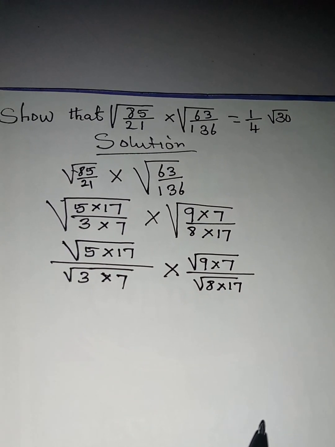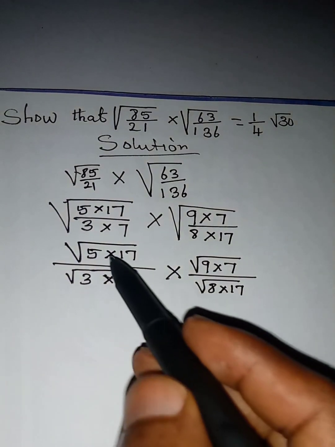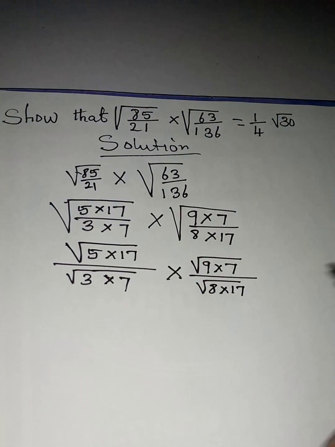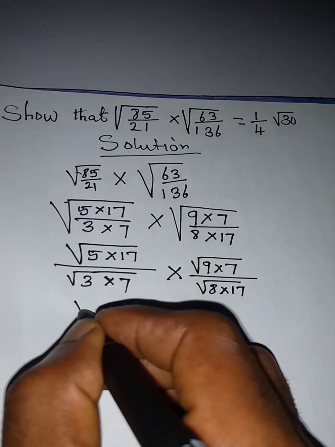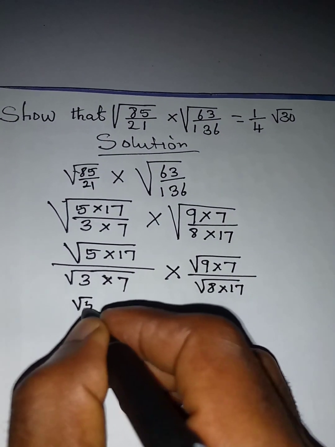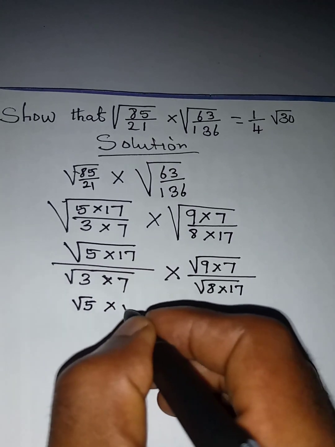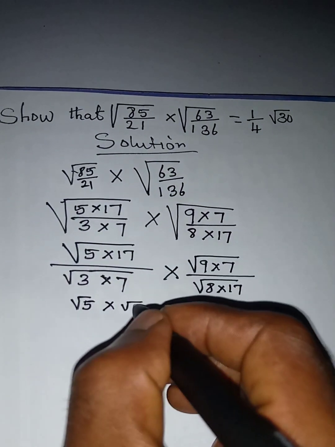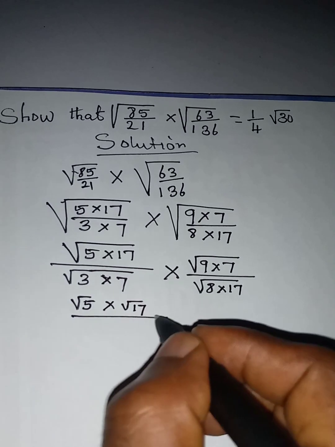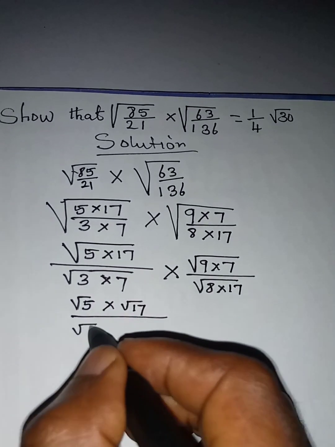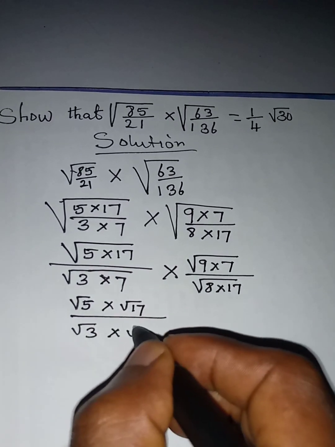And then from here as well, I can decide to break it out again to something like this. We have root 5 multiplied by root 17, then over here we have root 3 multiplied by root 7.